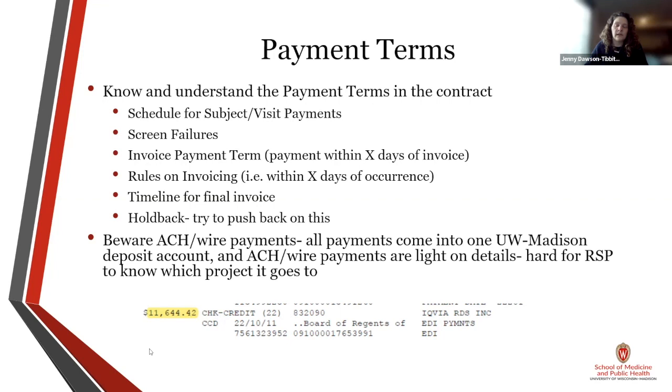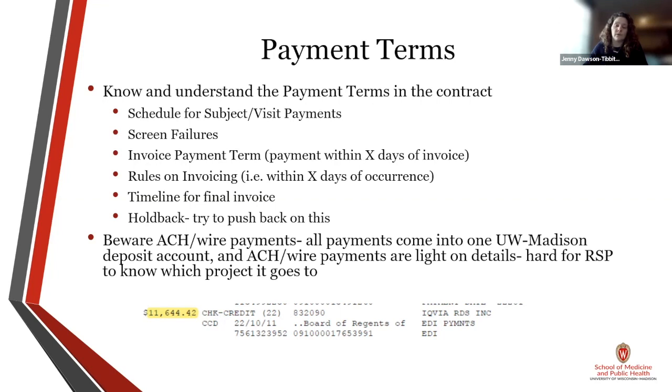And then a lot of times they want to pay by ACH, which we do accept. UW does accept that. Just be aware that all of those wire payments go into one deposit account, and they don't always have enough detail for RSP to figure out where to post them.